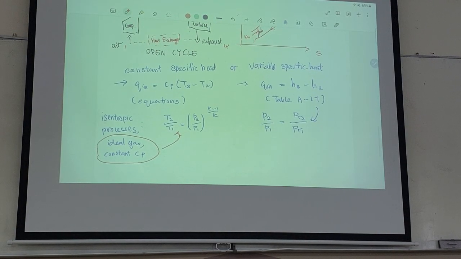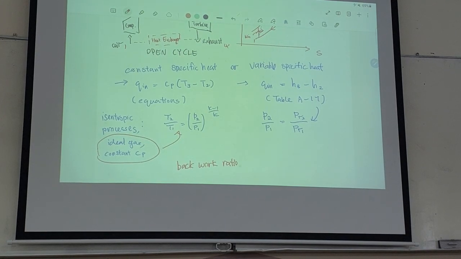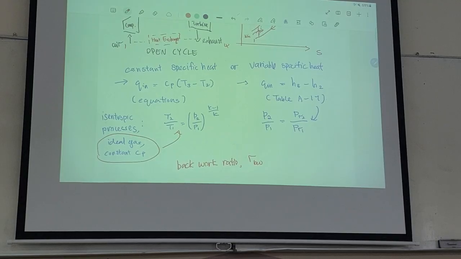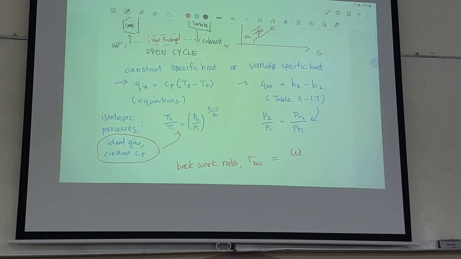You also learn a new thing here, which is called back work ratio. So back work ratio is basically just work in over work out. So how much work is being used to power the compressor from the turbine.